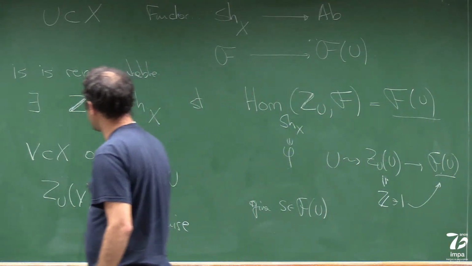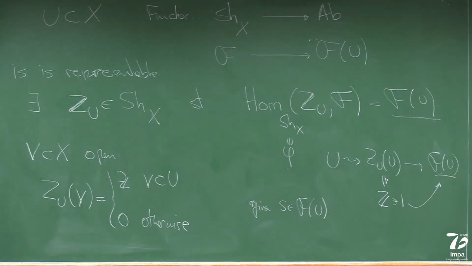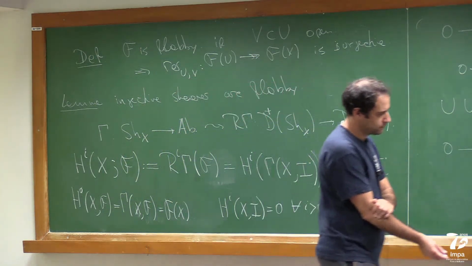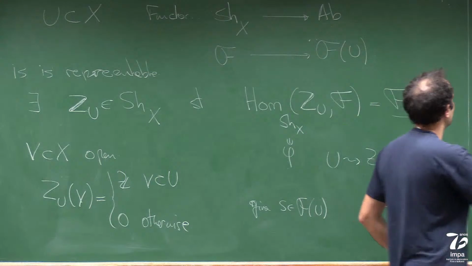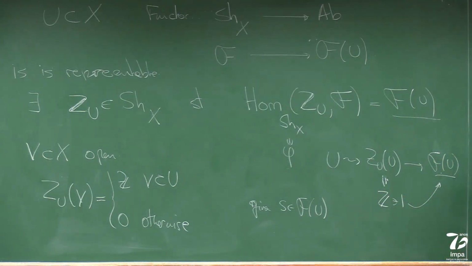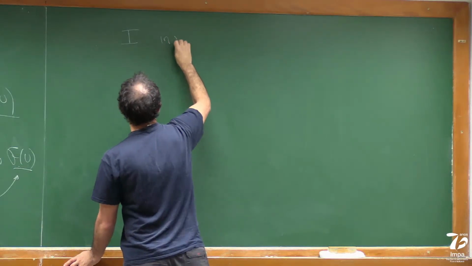Okay, I want to exploit this into proving that any injective sheaf is flasque. So let's suppose that you have an injective sheaf I. Say that I is injective.